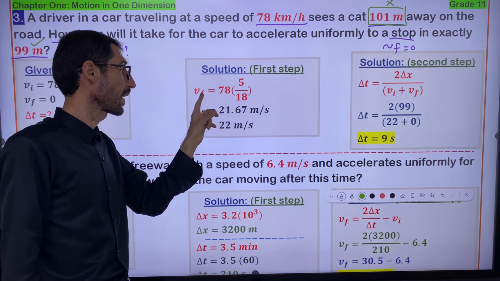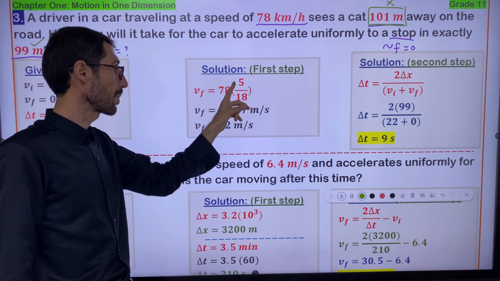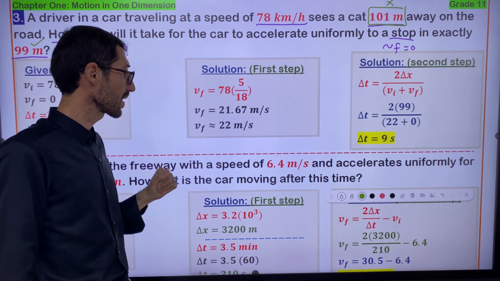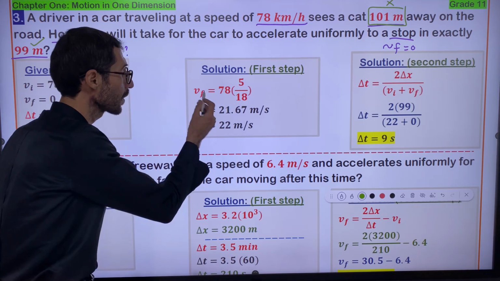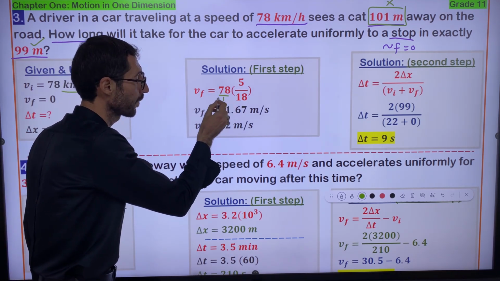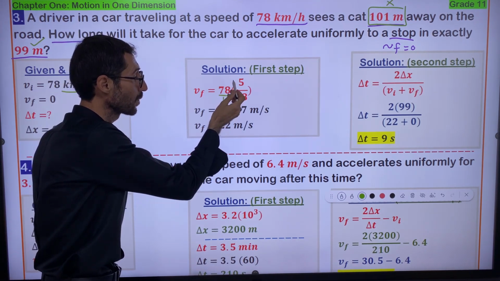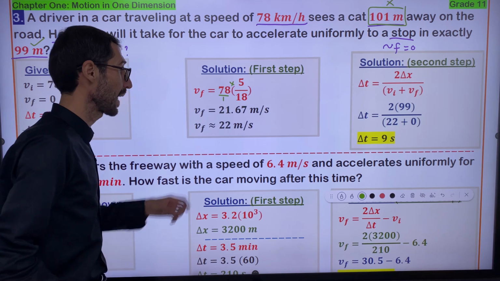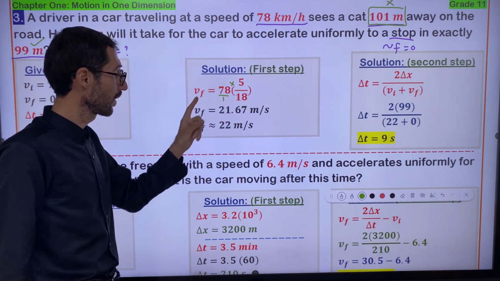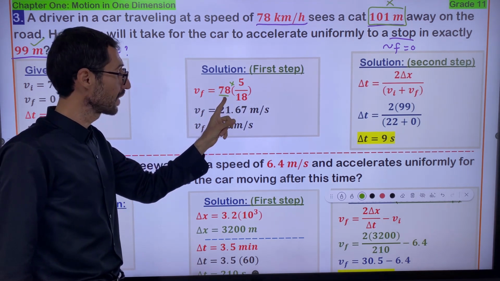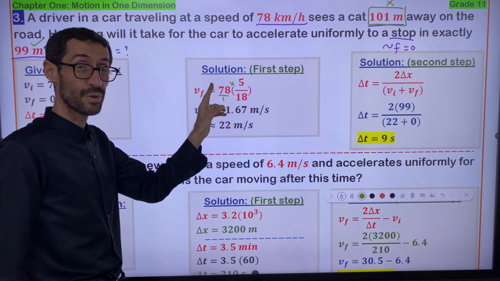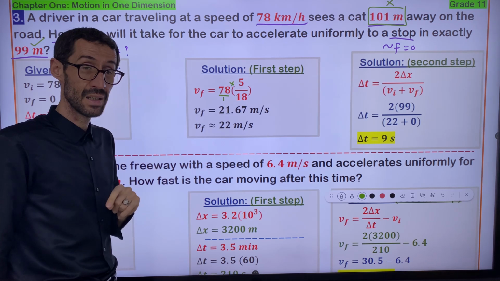V is equal to 78 times 5/18. So here, put a denominator of 1 under 78, and multiply 78 by 5. So you get the number. After that, you have to divide the result by 18.